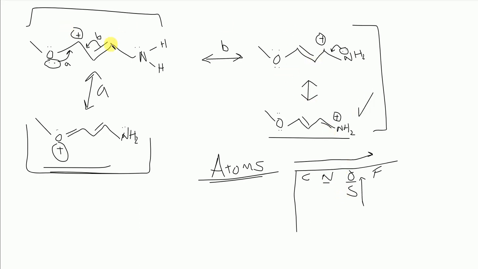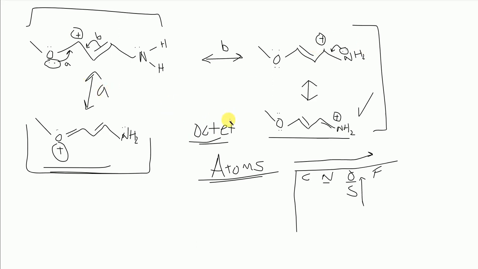Now, I know I skipped these other ones, and there's a reason why. The first requirement, before we even look at atoms, is octet. Is the positive charge being held in an atom that has a full octet? If this first checkbox is not satisfied, and I have other locations where I have an octet and the positive charge is there, then I know right away that these non-octet forms are not the most stable.